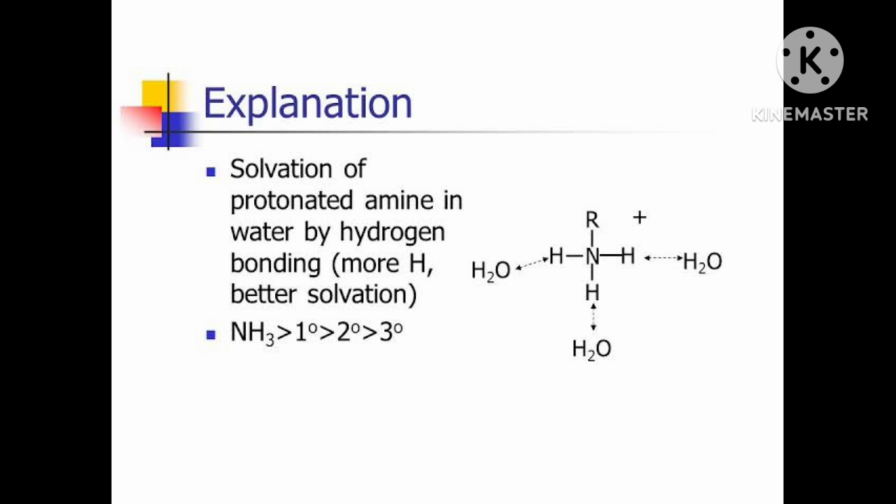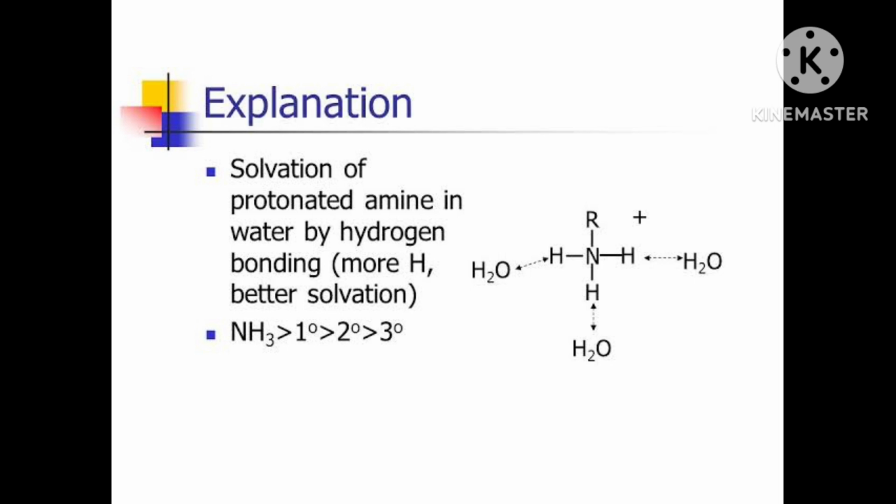Thus the basic nature of aliphatic amines should increase with the increase in number of alkyl groups. This trend is followed in the gaseous phase. The order of basicity of amines in the gaseous phase follows the expected order, means tertiary amine is greater than secondary amine, secondary amine is greater than primary amine, and primary amine is greater than ammonia.